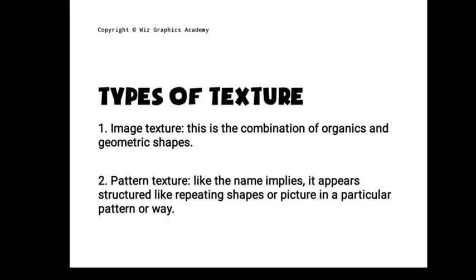You will see here that the image texture only combines two things, and actually it does not have to do with repetition, nor does it have to go in the same direction. So let's go back to the example.